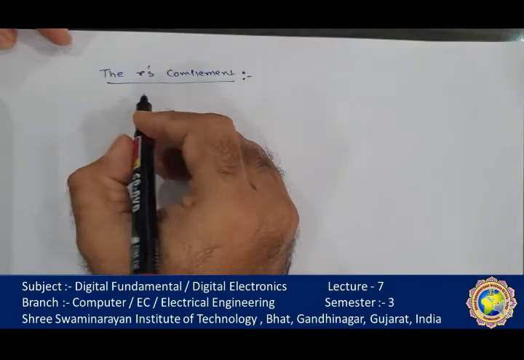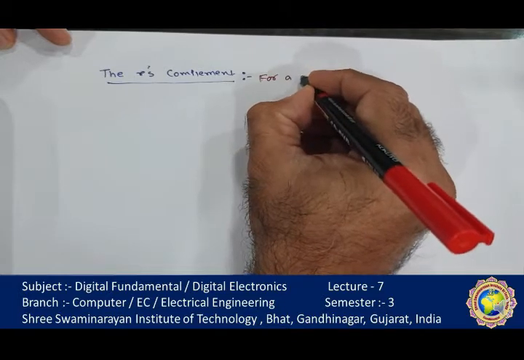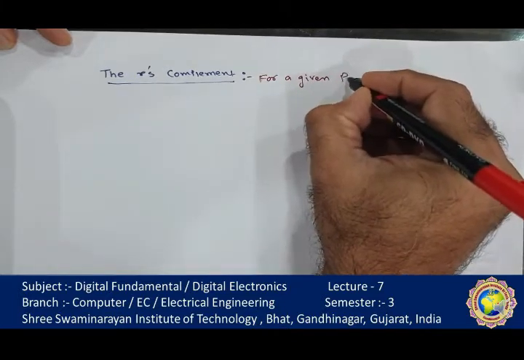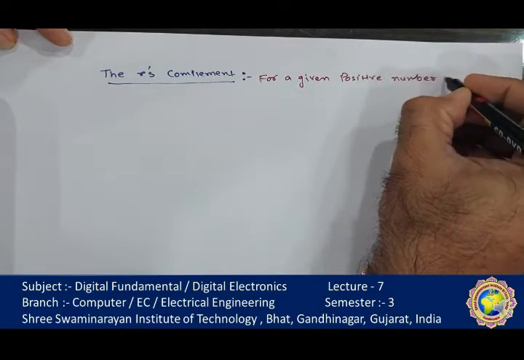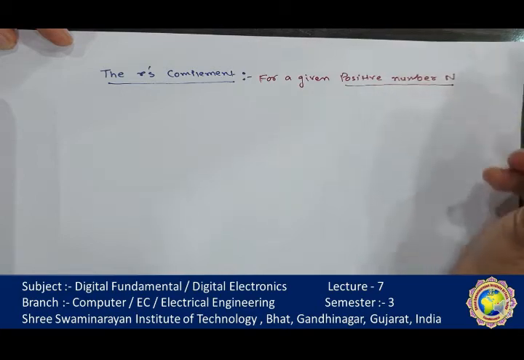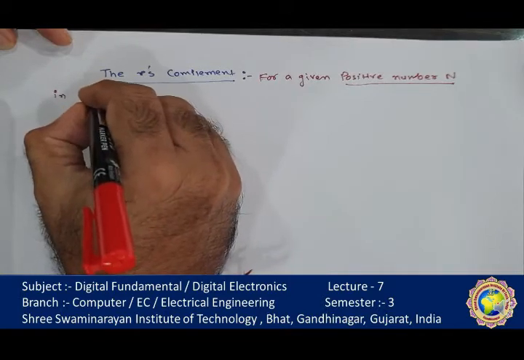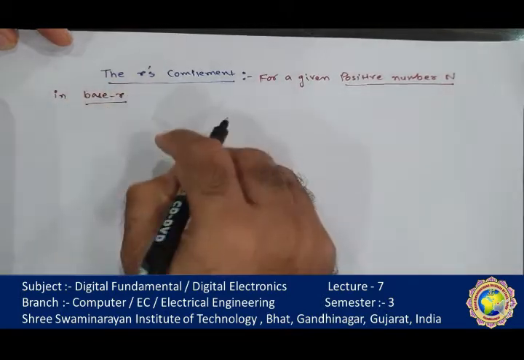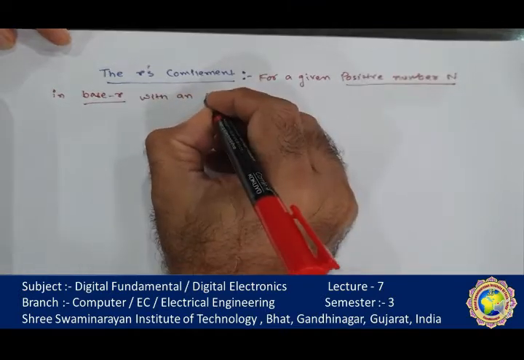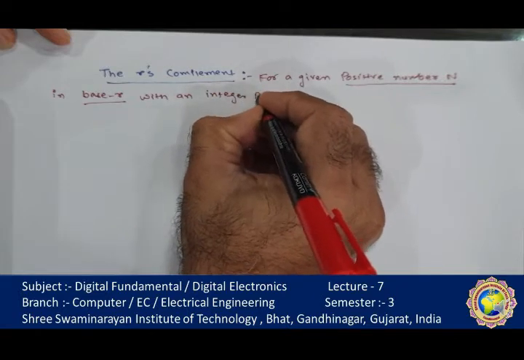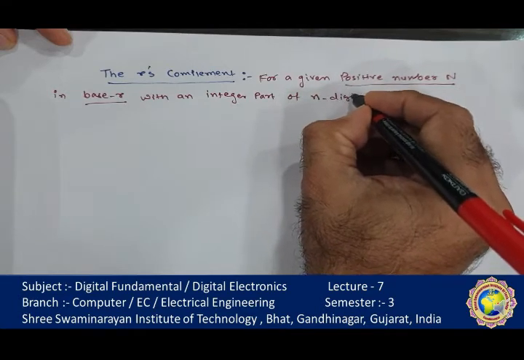Now today we discuss the R's complement. Remember, for a given positive number, the first condition is that the number must be positive and in base R, with an integer part of n digits.